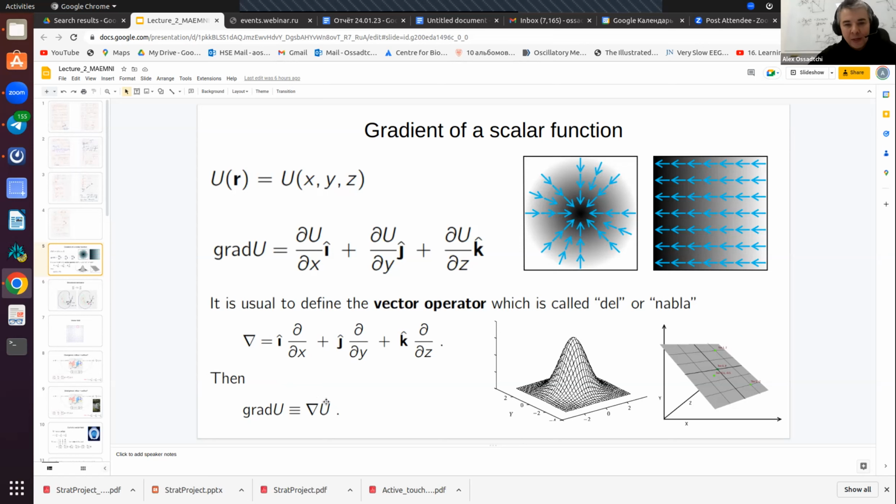And you have to remember that this multiplication is not a scalar multiplication, it's not multiplication of two vectors, it's scaling of vector nabla by function u. Okay, I think more conventionally it would be to write something like u times nabla, but usually they say nabla u. Okay, so this is the gradient.